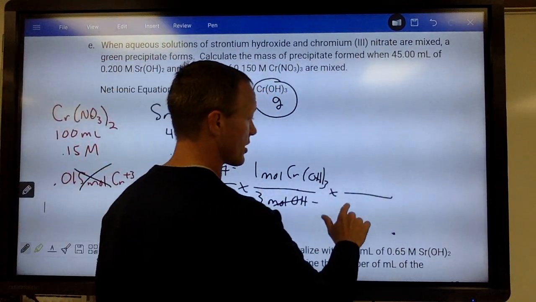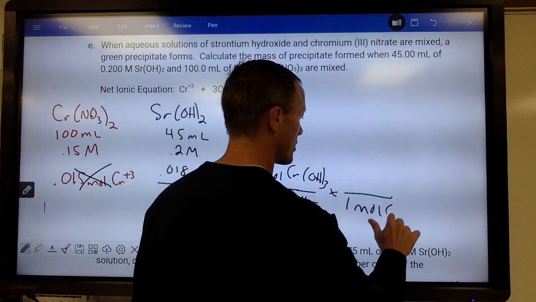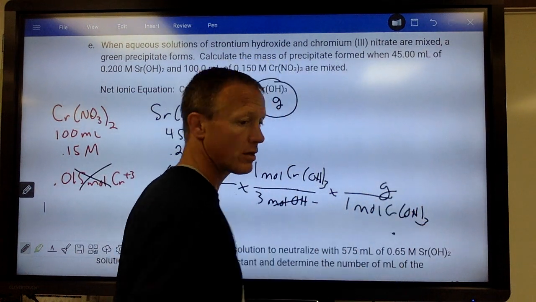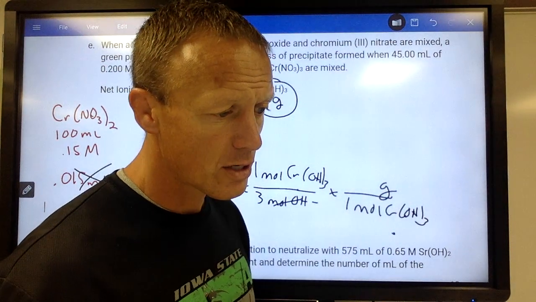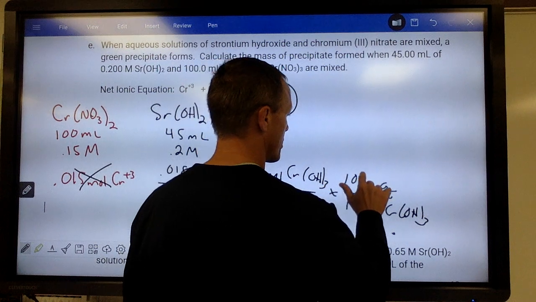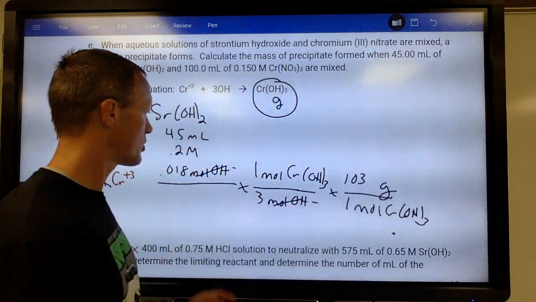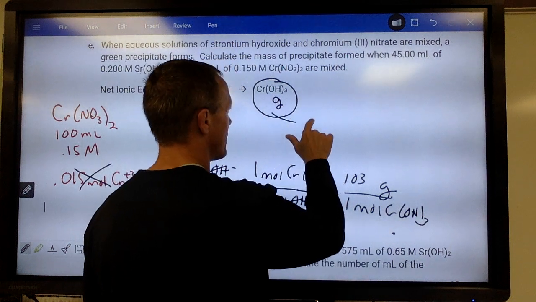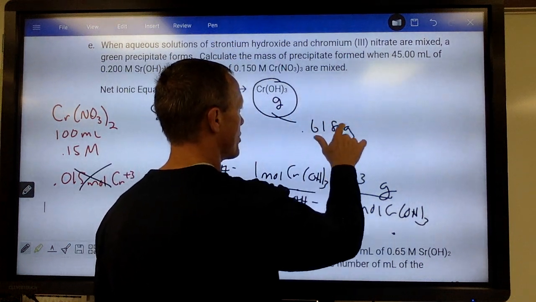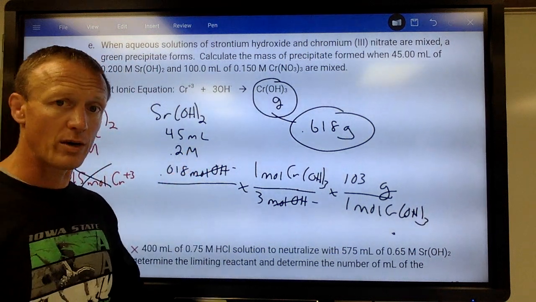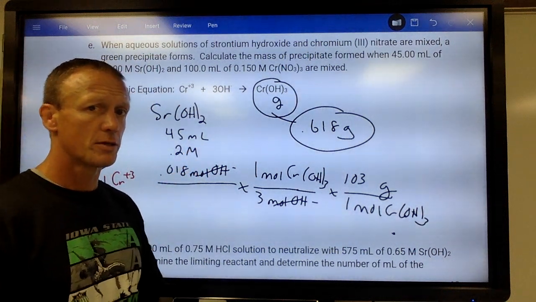And then a mole of chromium hydroxide is however many grams. In this case, 103 grams is a mole. So multiply, cross, divide. It is 0.618 grams is all you could make from that. Not very many moles though, 0.018 moles is a pretty small number of moles.